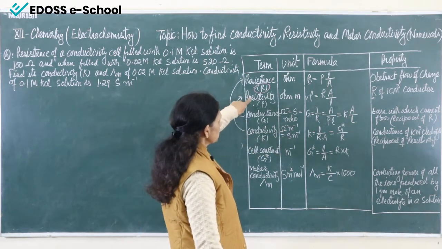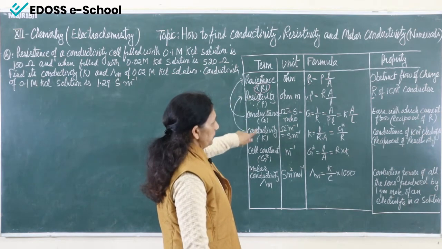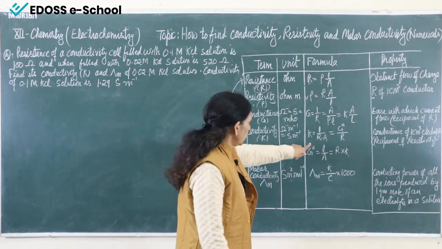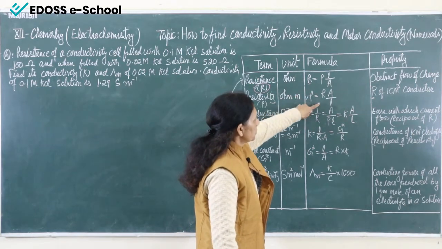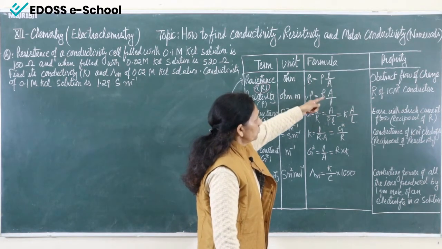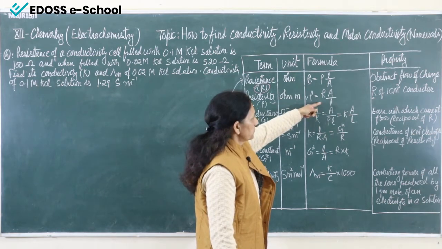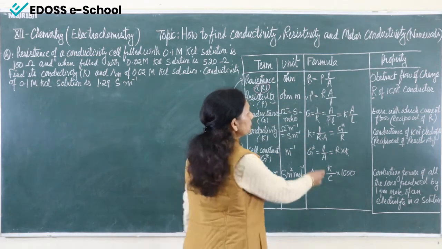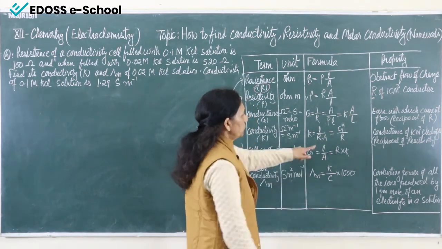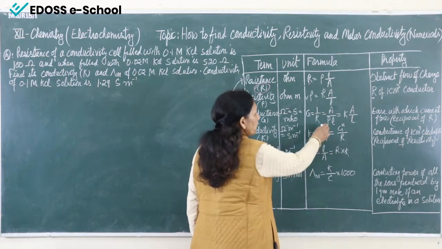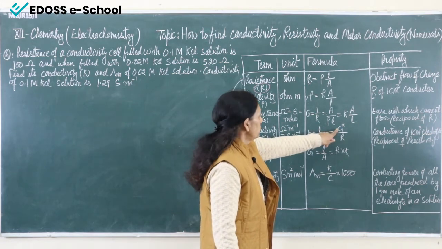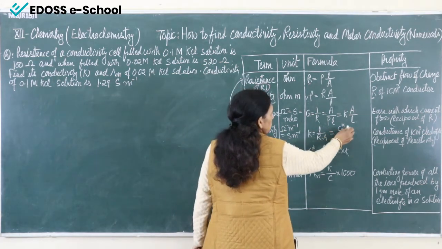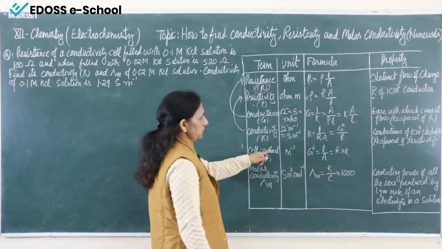Now because this is the reciprocal of resistivity, K will be equal to the inverse of this. So this is equal to L upon R into A, and L upon A we know is equal to cell constant.